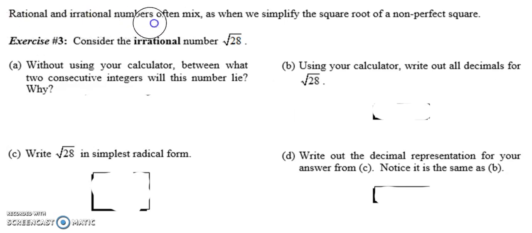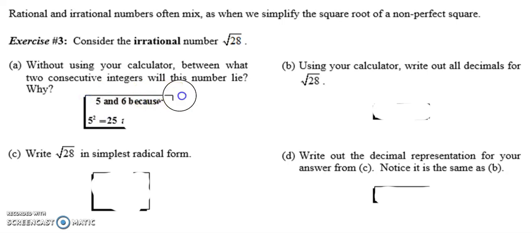All right, we're going to keep working on this. Rational and irrational numbers often mix, and then we simplify the square root of non-perfect squares. So consider the irrational number, the square root of 28. Without using your calculator, between what 2 consecutive integers will this number lie? Since we know this is going to be a decimal, think about what 2 numbers this would be. Could you guess? Hit pause and figure that out. Were you able to come up with 5 and 6?